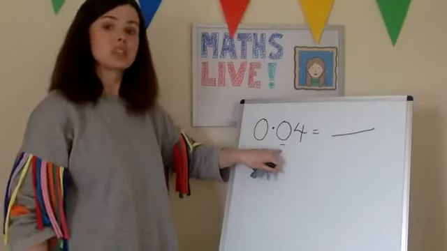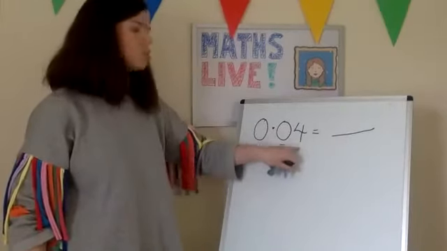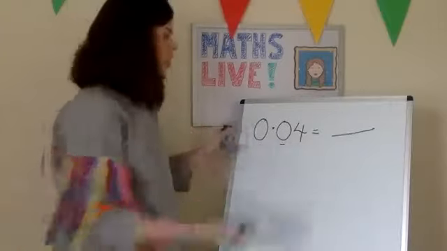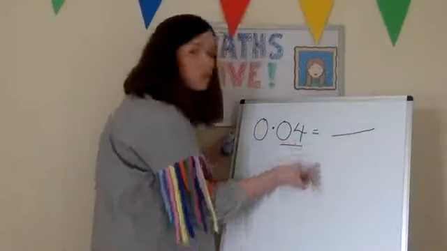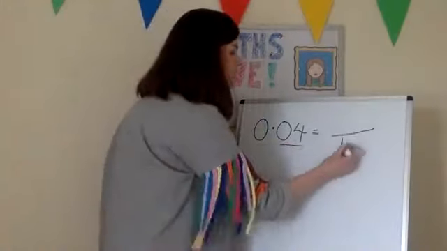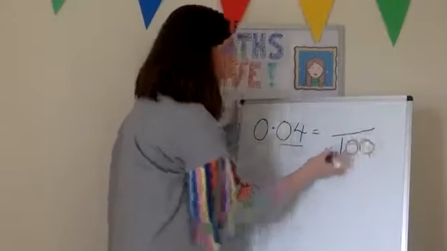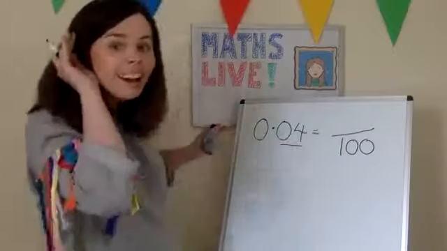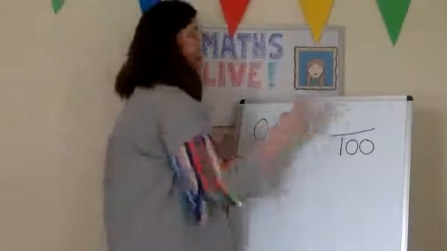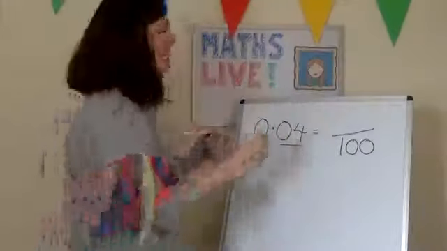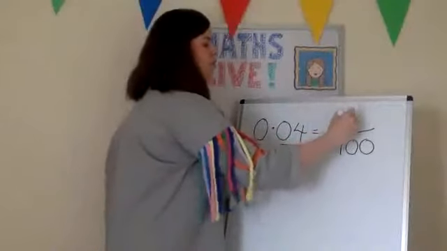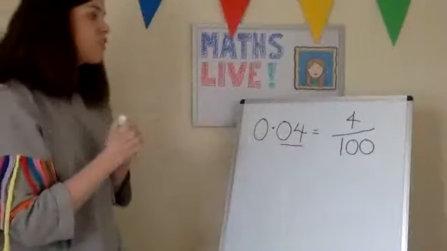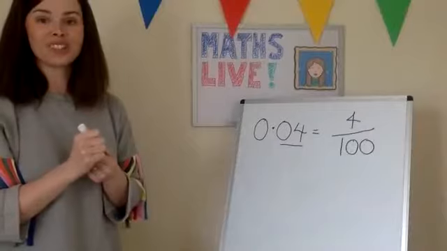It's telling us there's no tenths, but there are still 4 hundredths. And because it's gone into the hundredths column, it has to be over 100. And how many hundredths do we have? We have... I love doing that. I know I can't hear you, but you can hear you. 4. So it's just 4 over 100.